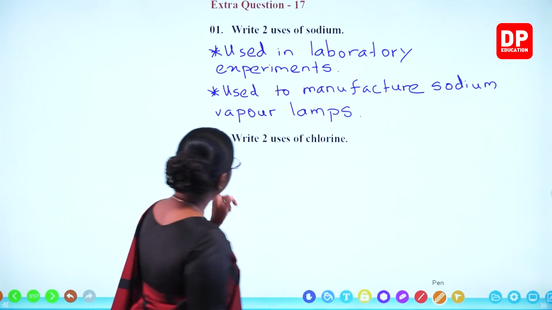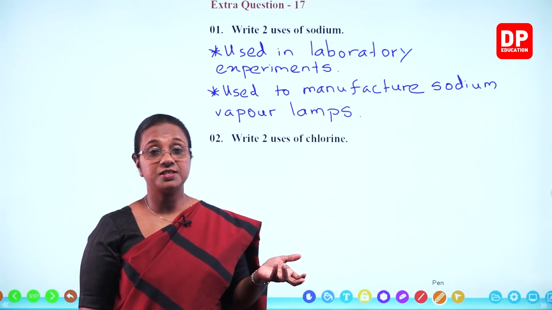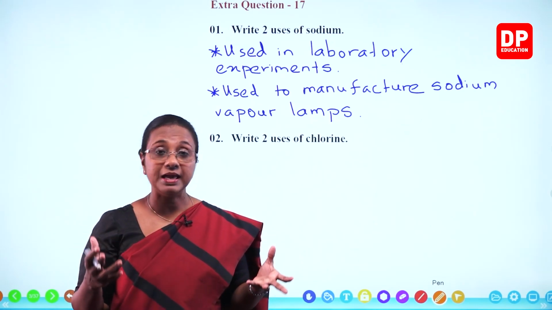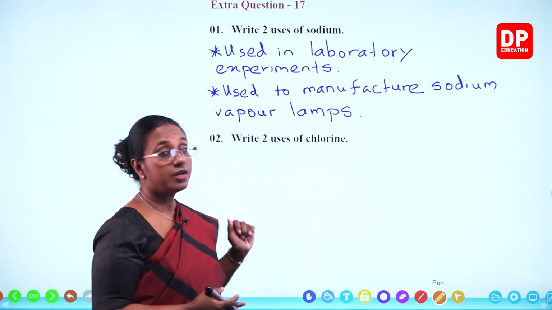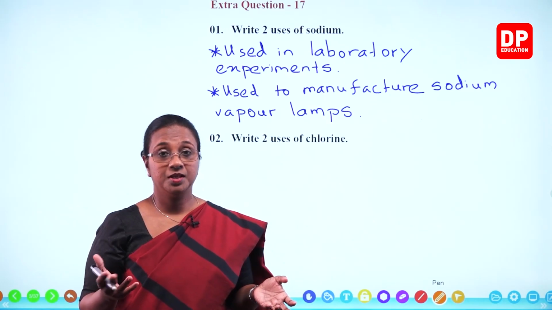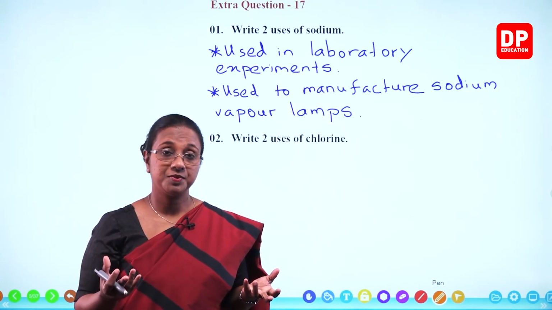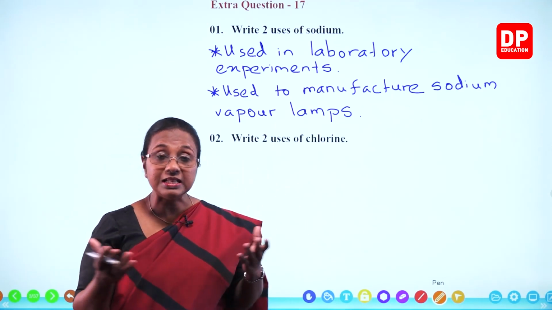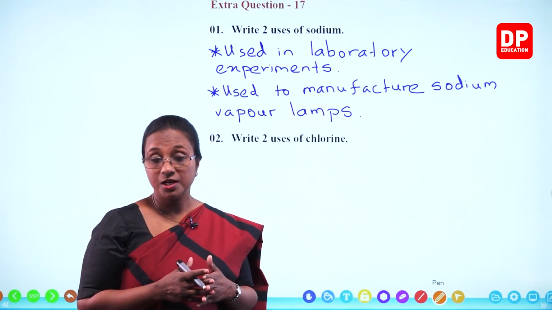Then write 2 uses of chlorine. Can you all think of the uses? Now to bleach paper, pulp, cloth, for all those we use chlorine gas. Then it is bubbled through water to destroy microorganisms, bacteria. Then to clean the swimming pools, they use chlorine.